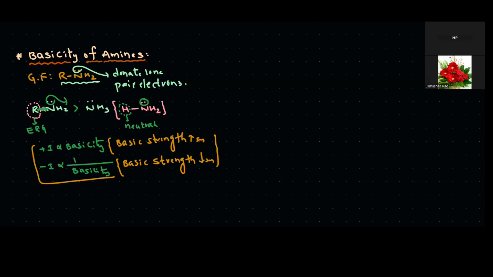These are the two formulas, for plus I and minus I groups. By using these two, we can easily identify the basicity of molecules.